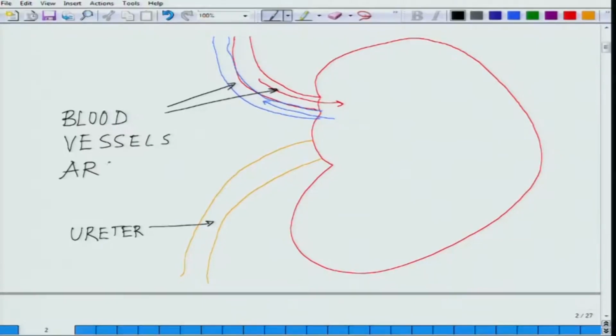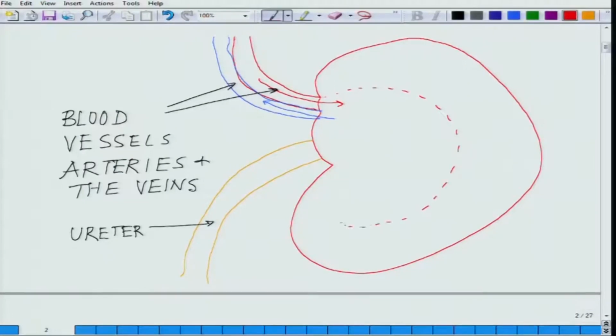Arteries and the veins. So, you have two kidneys, and the veins. Okay. Now, inside this, it is interesting how the blood vessels go. So, this part is divided into two segments.